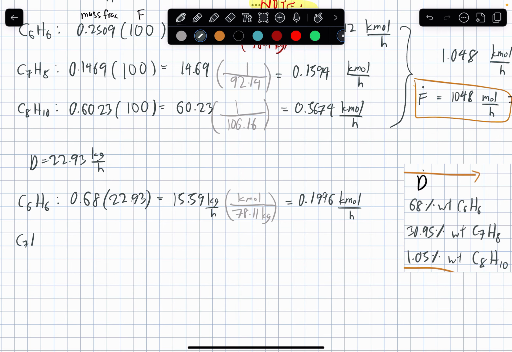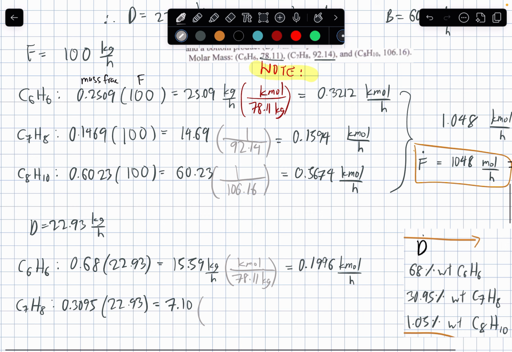Okay. C7H8 is, okay, just follow the same pattern. Molar mass for C7H8 is 92.14.